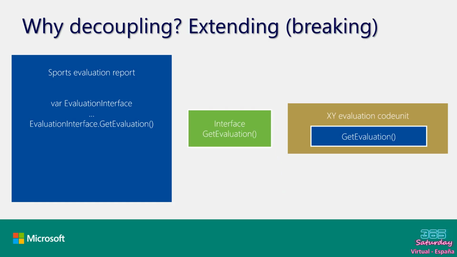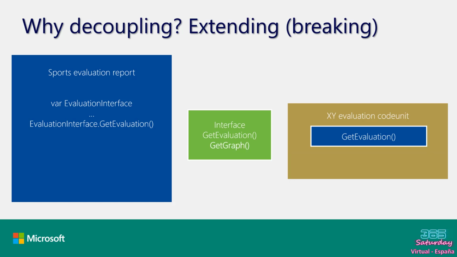And then we can also think about extending the interface. Now, there are two ways. The first one would be a breaking change. So we would just extend the interface and add a new function. For example, if we not only want to have a textual evaluation, but now we want to also have a graphical evaluation, we could add a function called getGraph, and our evaluation code units would need to implement getGraph.